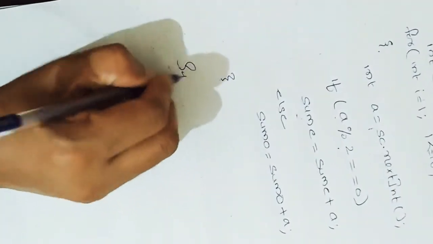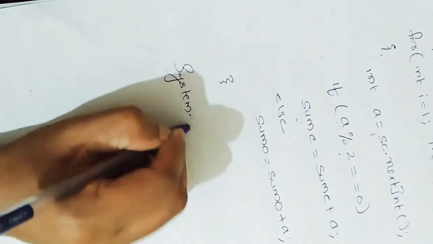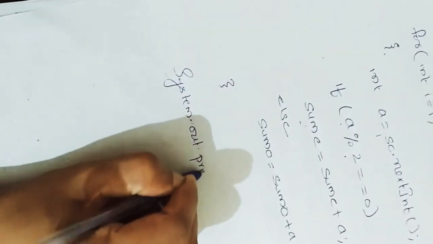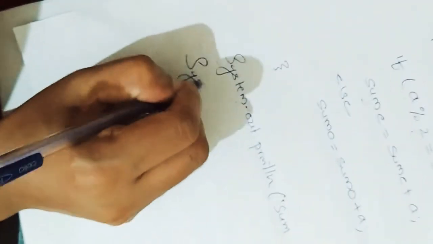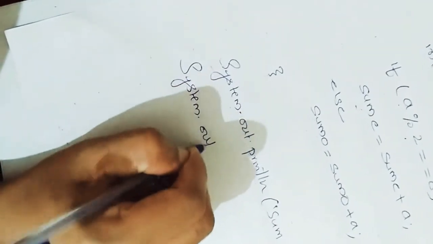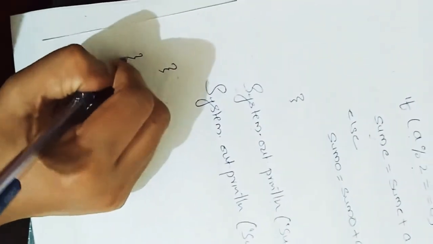Outside the loop you will print the sum of even numbers, that is System.out.println sum of even is equal to plus sumEven, and System.out.println sum of odd is equal to plus sumOdd, and the method will be closed and the class will be closed.